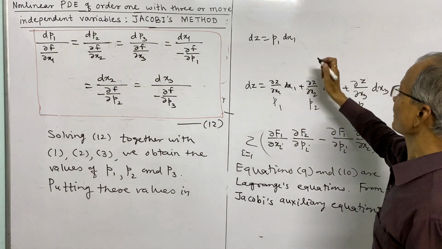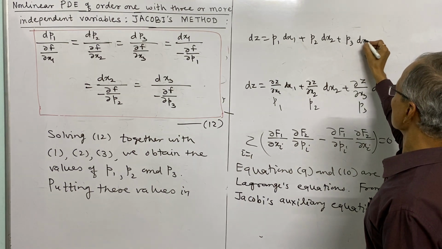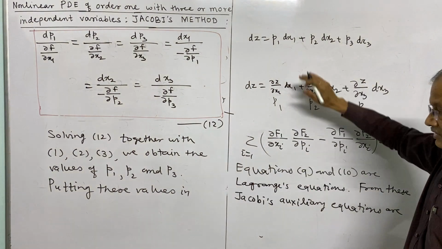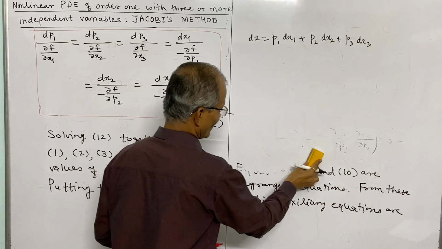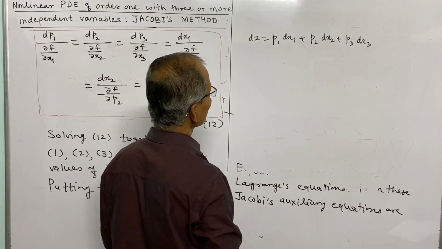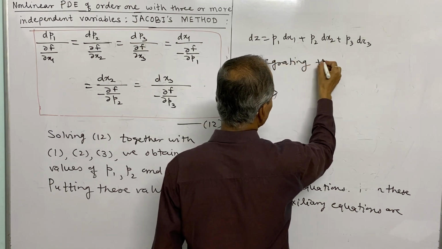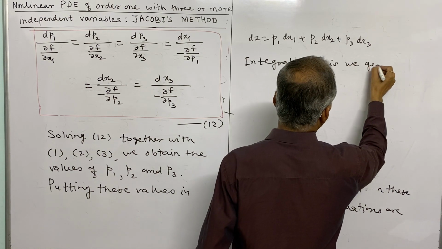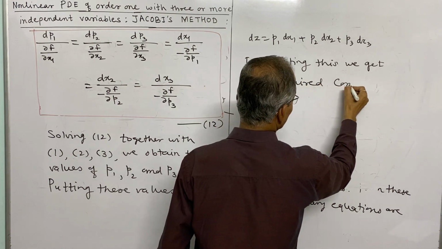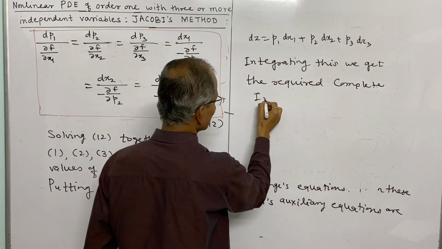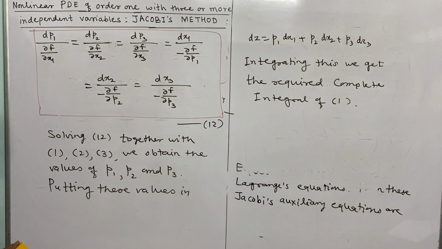So that is P1 dx1 plus P2 dx2 plus P3 dx3. Put these values in this dz. Integrating it, we get the required solution, the required complete integral of original equation 1, that is f is equal to 0.